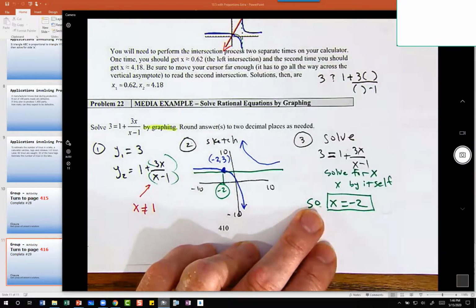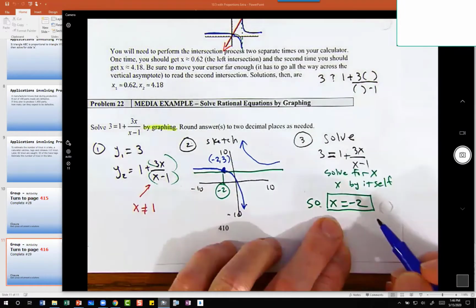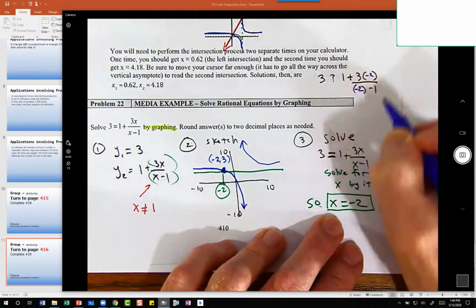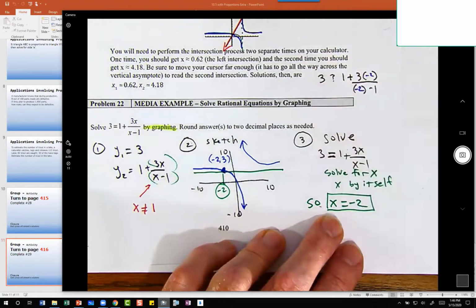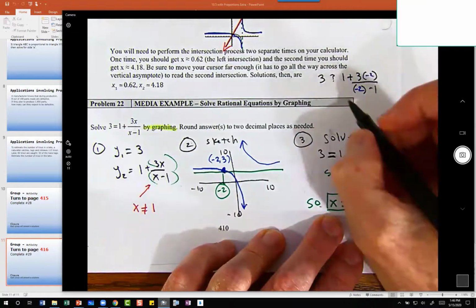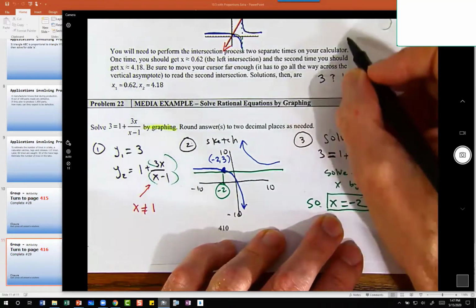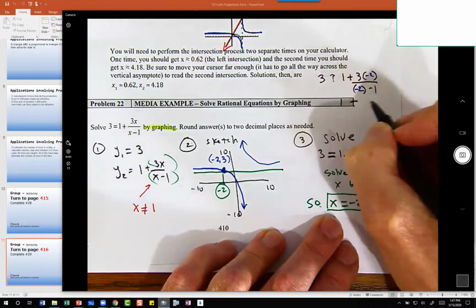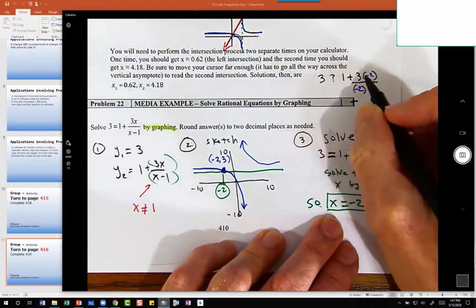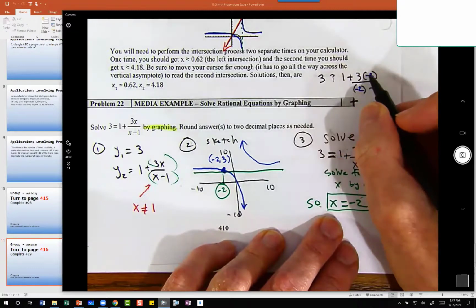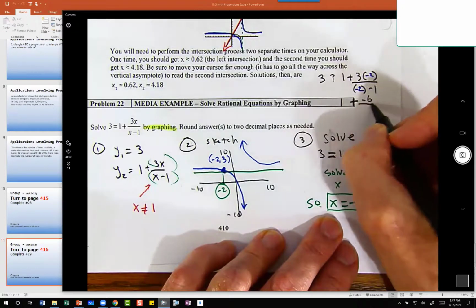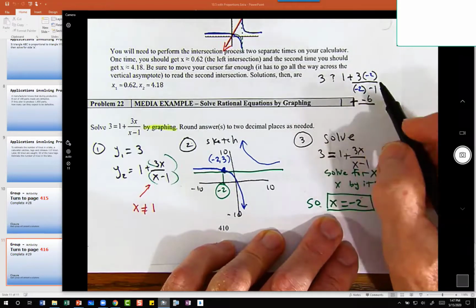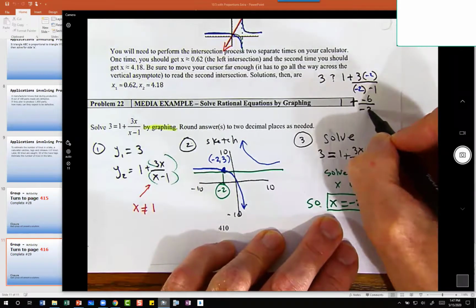And so if we plugged in the -2, let's just check and see, does it really work? So I'm plugging in the -2, and I'm going to check this side. 1 plus 3 times -2 is -6. -2 minus 1 is -3.